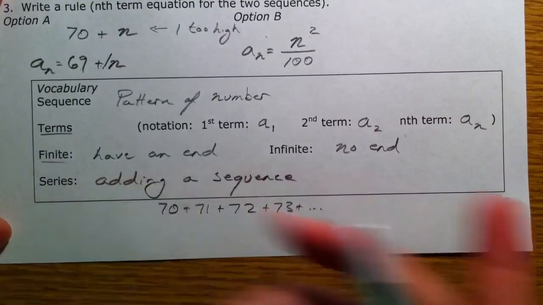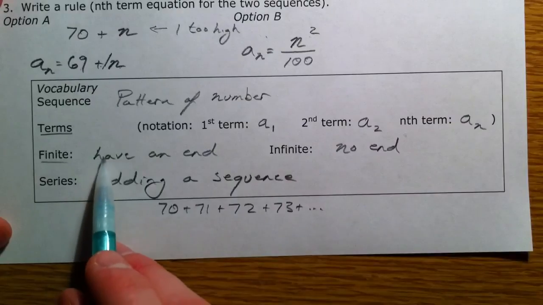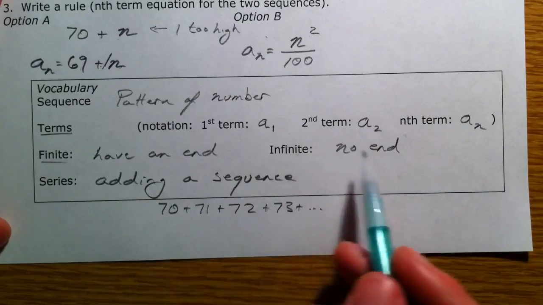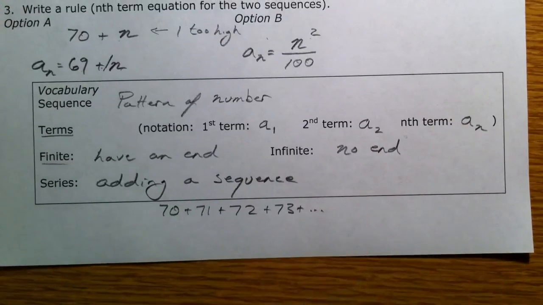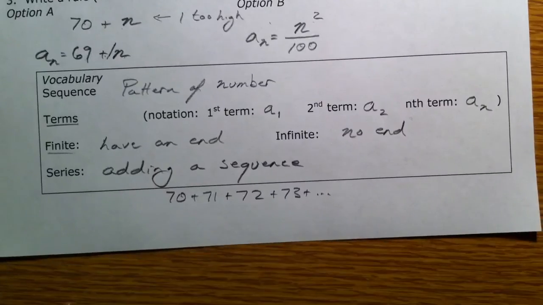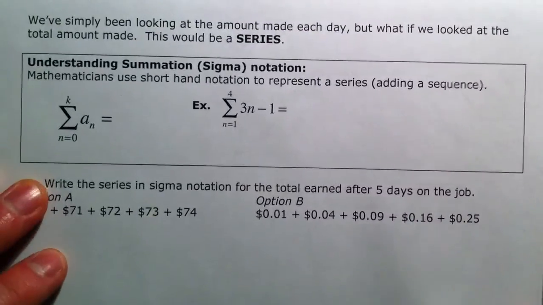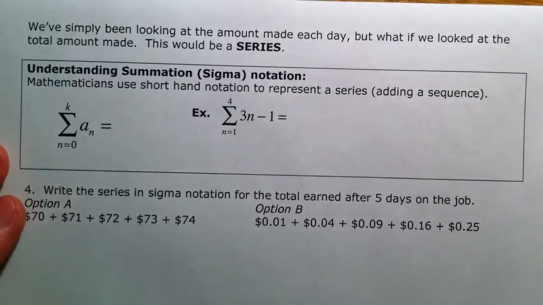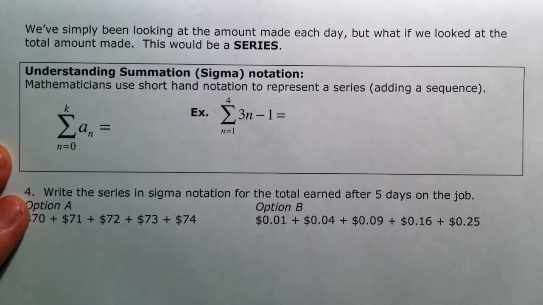So, if we stopped working after 40 days, that would be a finite series, or if we never stopped working, that would be an infinite series. So a series can be represented with this notation called sigma notation, and that's what we're going to talk about next.